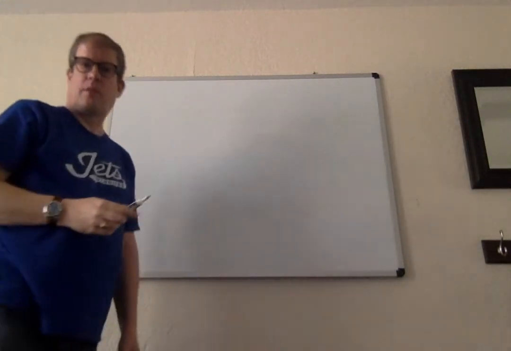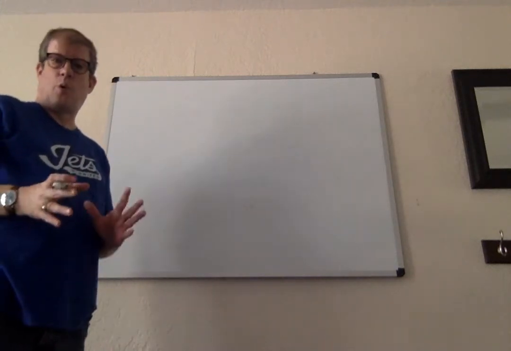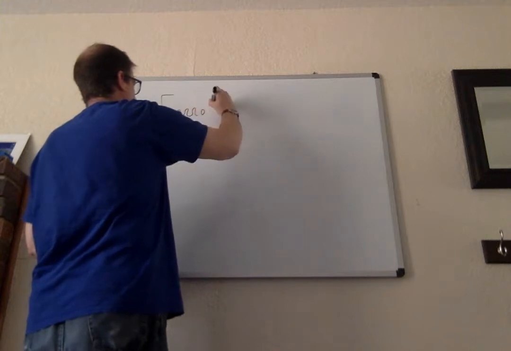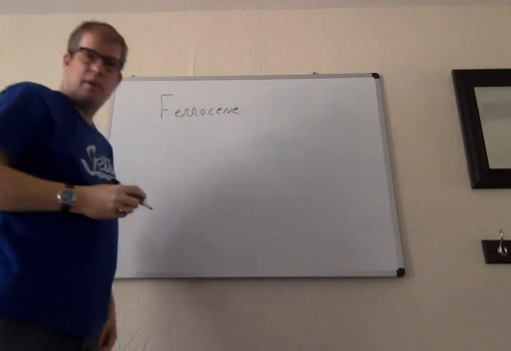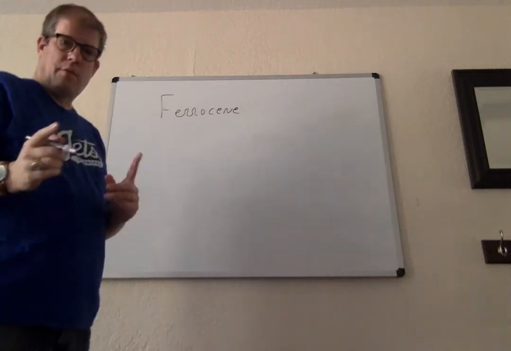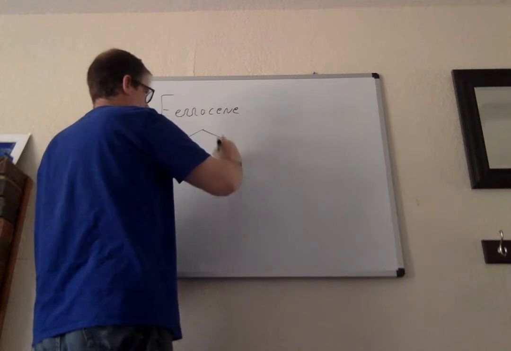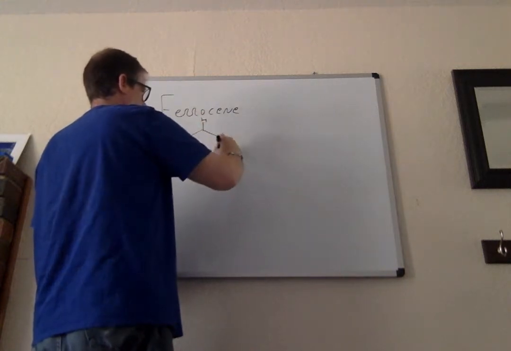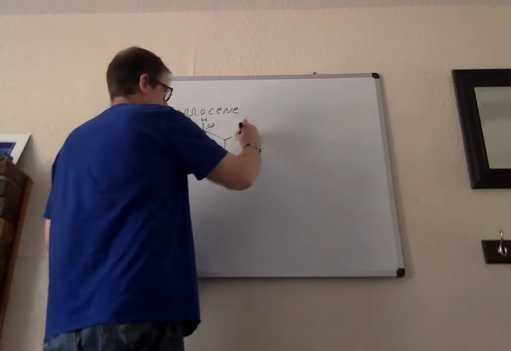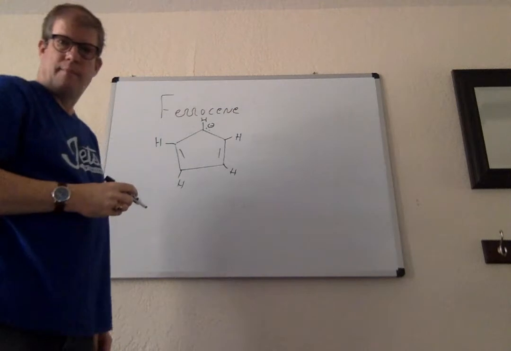So, as mentioned, this is a historically significant ligand because where it was first found out to be was in the compound ferrocene. And so if we go back to our formula, and let me redraw it this way, okay, each one of these points represents a carbon.